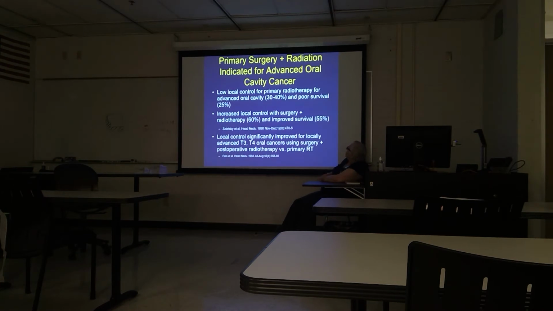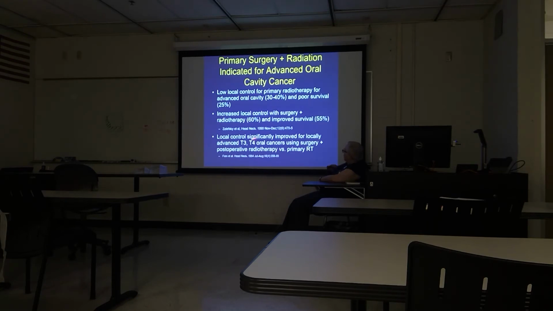So, primary surgery and radiation indicated. So low control for primary radiotherapy for advanced oral cavity and poor survival, 25%, 30 to 40. So increased local control with surgery plus radiotherapy, so that would be 60% local control, and improved survival, 55%.